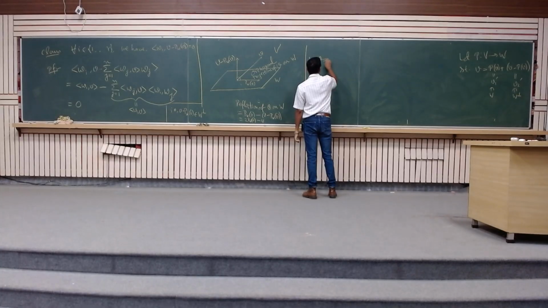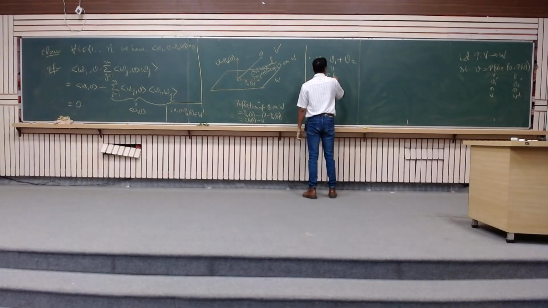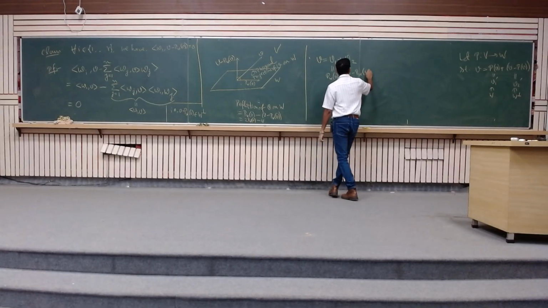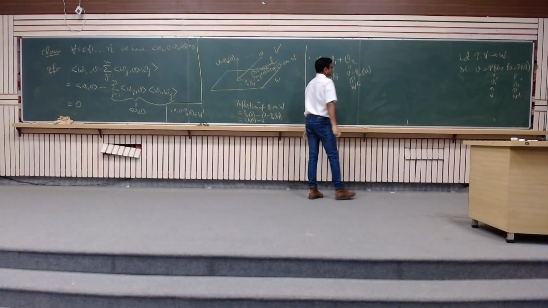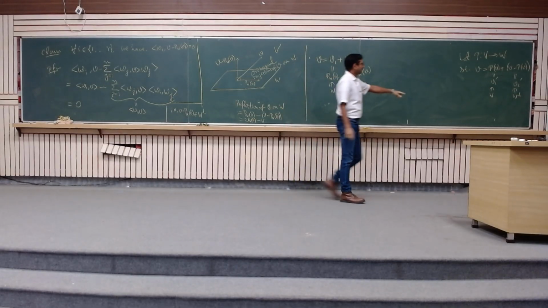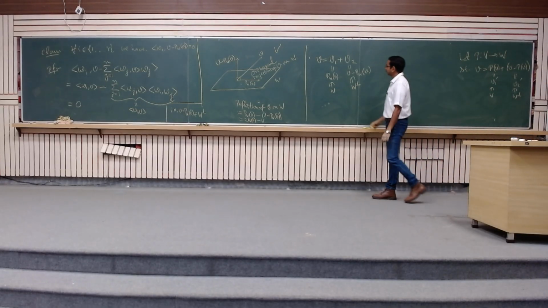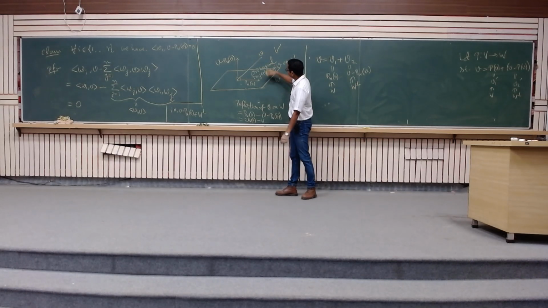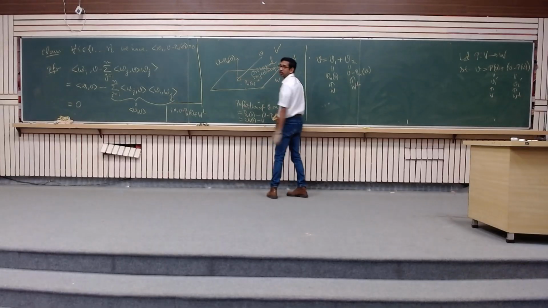Now, suppose V has a decomposition into V1 plus V2, where V1 was just PWV and V2 was V minus PWV, one belonging to W and the other to W perp. And suppose you have another map giving you another decomposition in this form. What we are going to show is that this map is unique, that is, given V and W, there is a unique orthogonal projection on W, and therefore a unique component of V in the perpendicular direction of W.